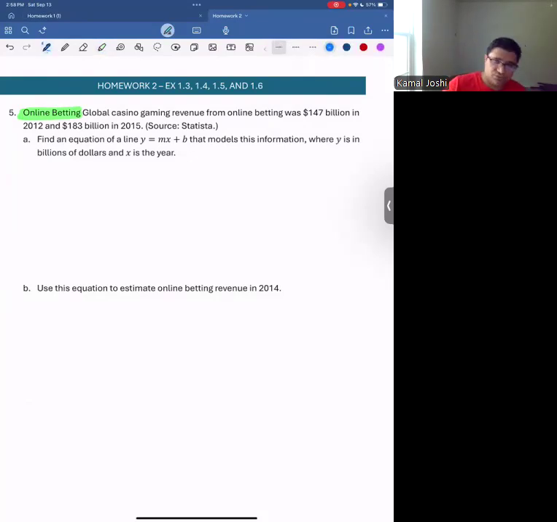This is very similar to what we were doing just before this, but now this is a word problem, right? So we have to read the word problem and create the data points. So this is how I will write from given, okay? The points are: in 2012, the value is $147 billion.